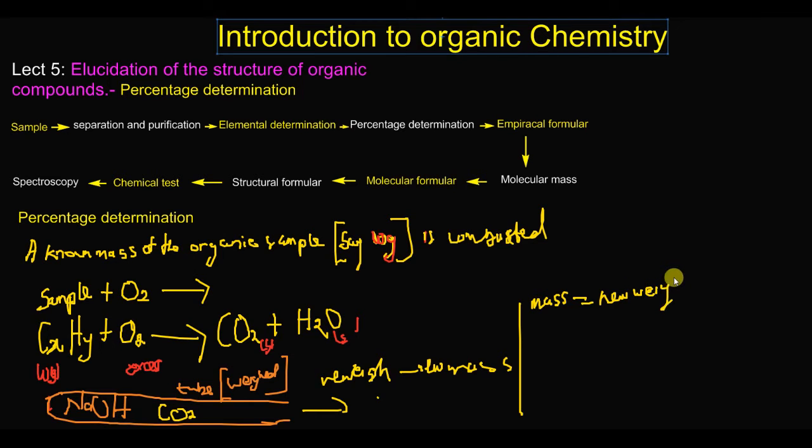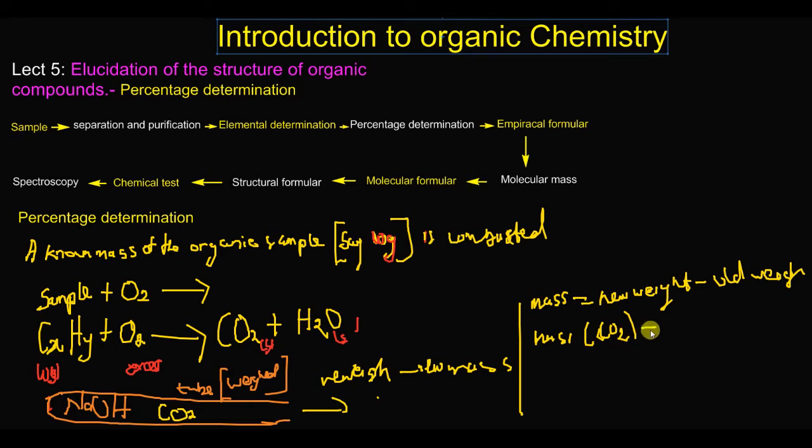You can do either mass or weight. Once you do that, you find the mass of the carbon dioxide. Very simple. So that is the mass of carbon dioxide produced that has been absorbed by the sodium hydroxide.